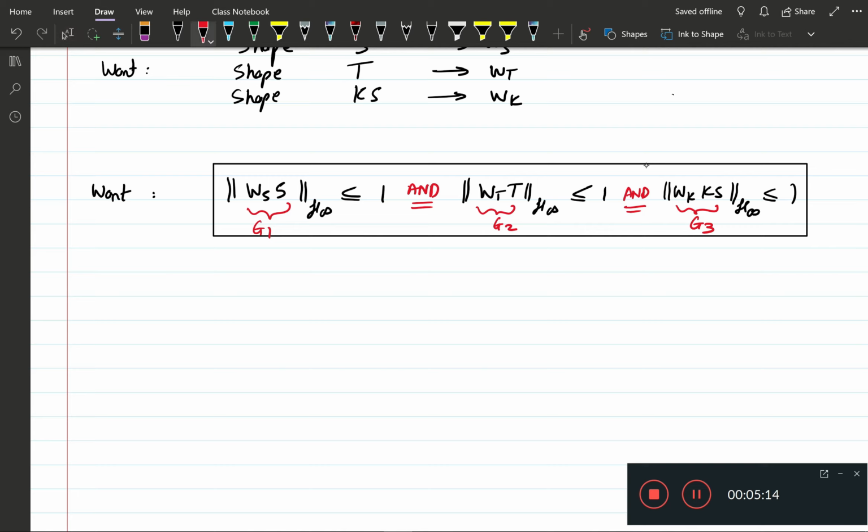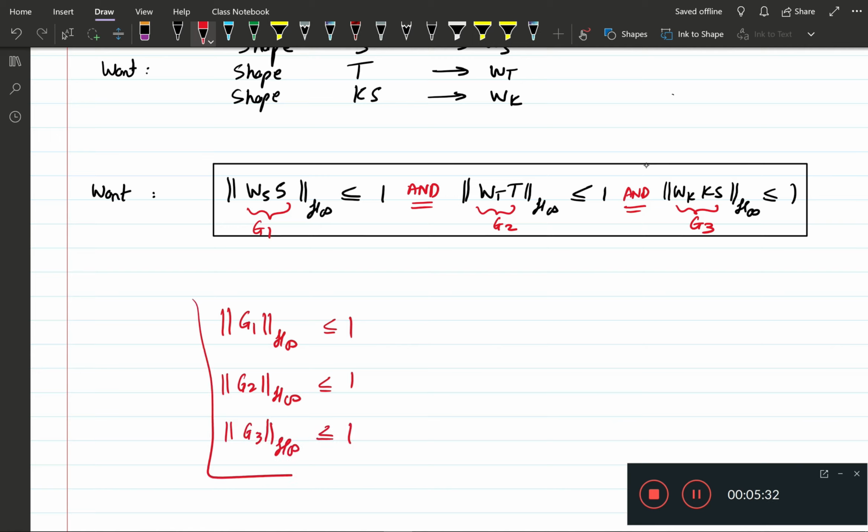So we want the H infinity norms of these three to be separately less than 1.